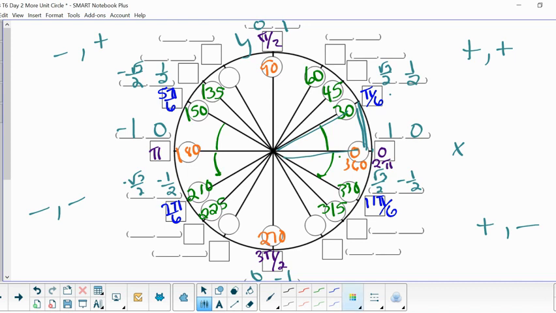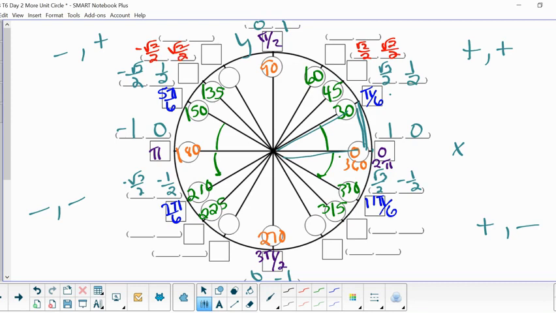Each of the 45 degree angles will have the same x and y values, just different signs. The 45, 45, 90 right triangles have root 2 over 2 and root 2 over 2 as both their x and their y. So then you just have to figure out what quadrant it is in. Is it positive or negative? In quadrant 2, we go negative root 2 over 2, positive root 2 over 2.